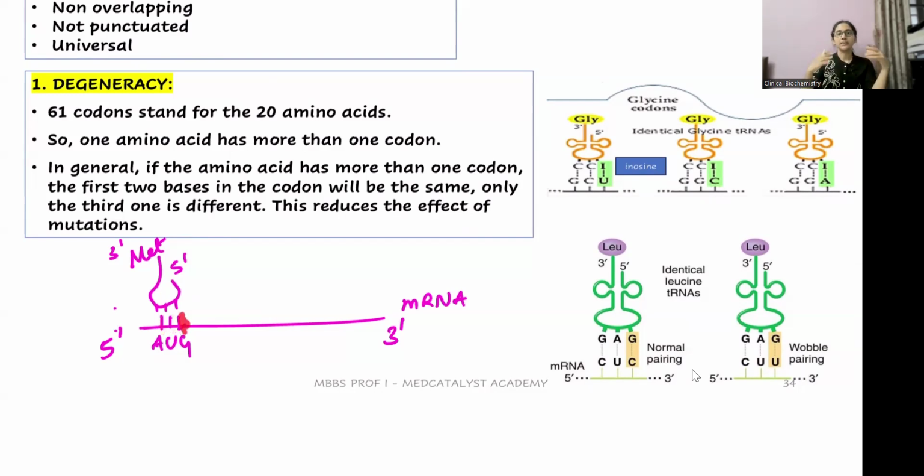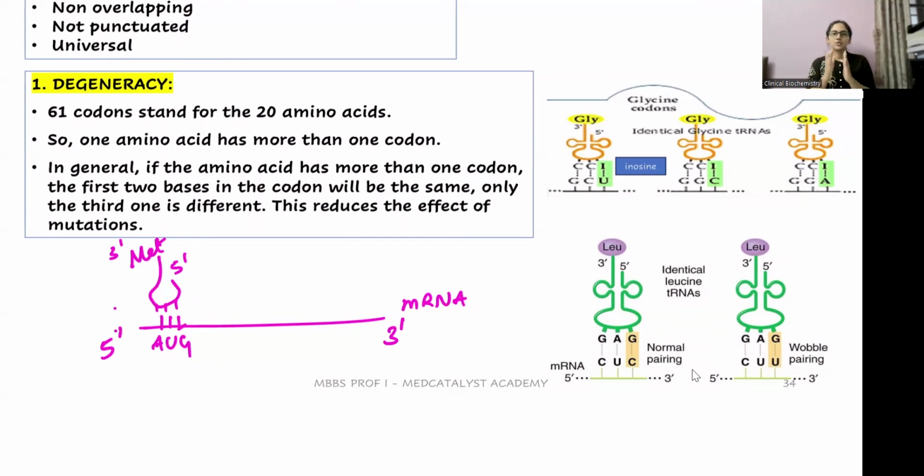So I can have multiple combinations. It is weak in the sense that the Watson and Crick base pairing rule is not being followed that strictly in the third base pair. So that is how I can pair with many nucleotides. One nucleotide pairing with one other nucleotide is what is very stringent and strict, right?